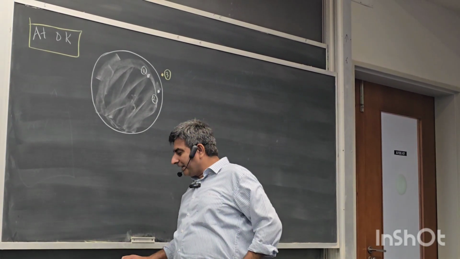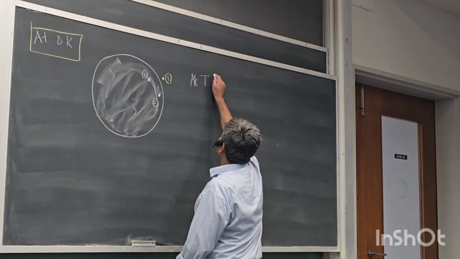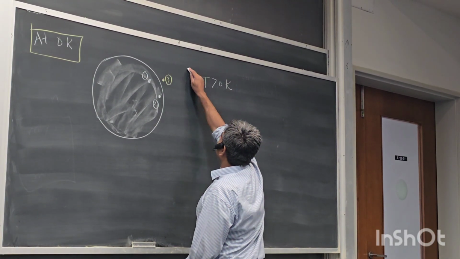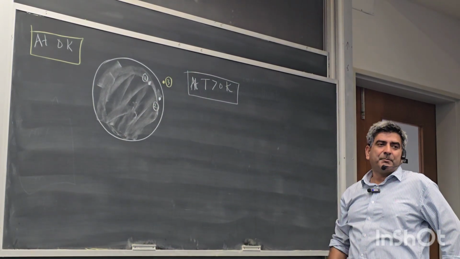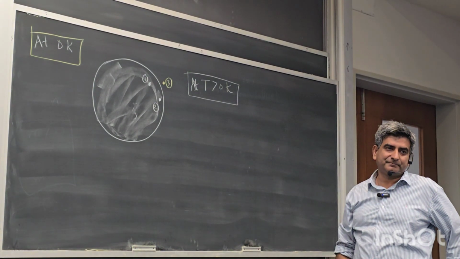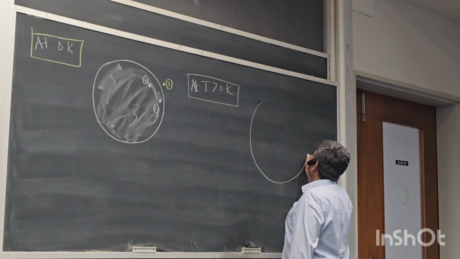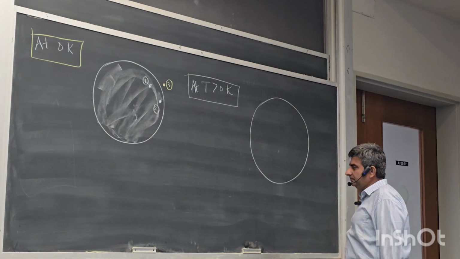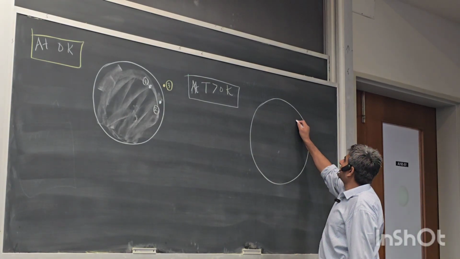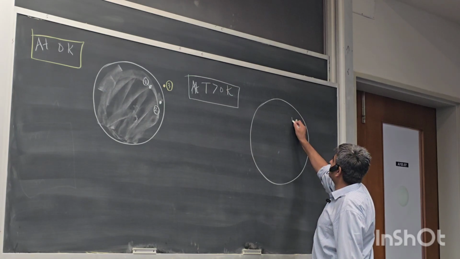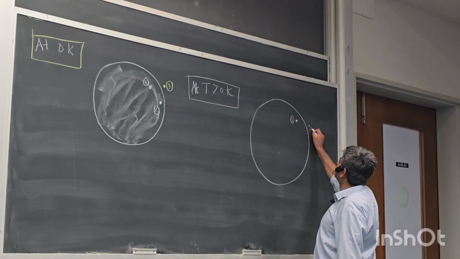Now at slightly higher temperatures, above 0 Kelvin, is electron-electron scattering possible? Yes, it is, but with a very small efficiency. Let me draw this. In my Fermi sphere, suppose I have one electron inside and one electron outside the Fermi sphere.